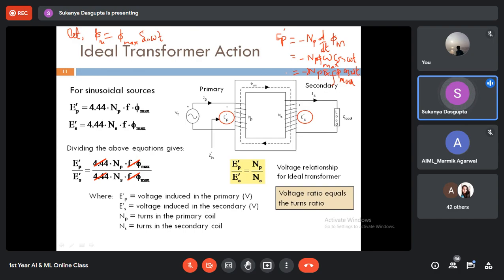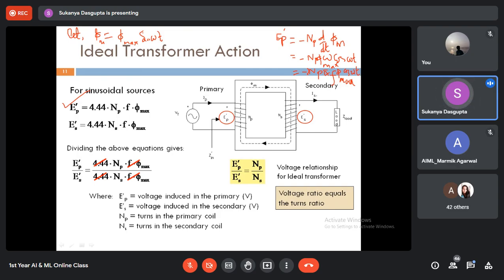So if you take the RMS value, if you divide that maximum value by root 2, you will get the RMS value. So this is the expression for the RMS value of the voltage at the primary side, that is 4.44 Np into frequency into phi max, the maximum value, right?